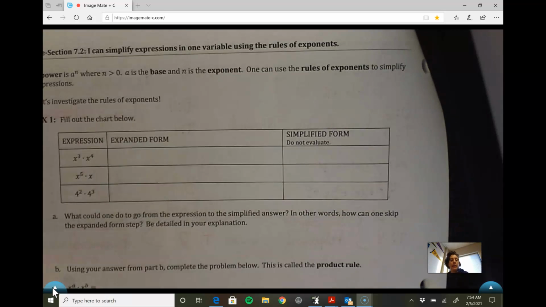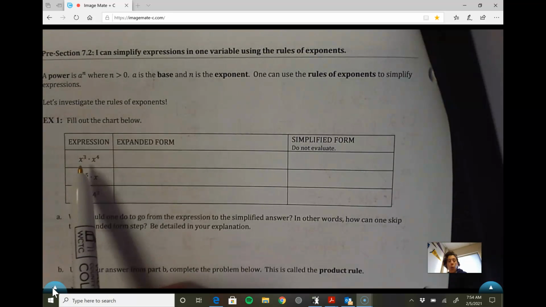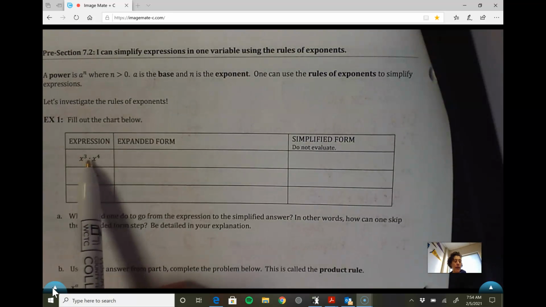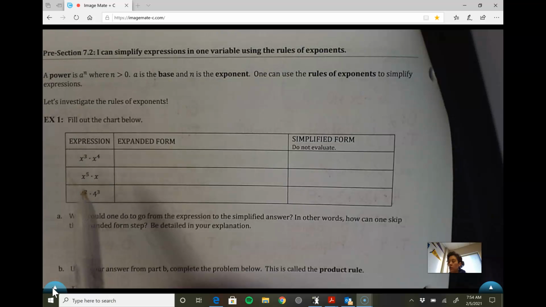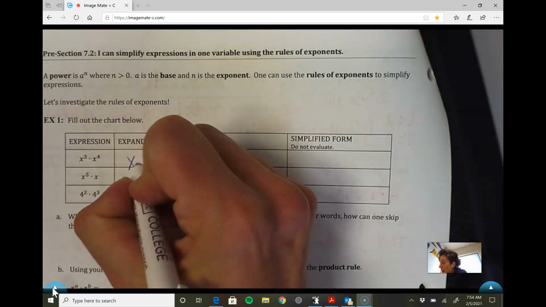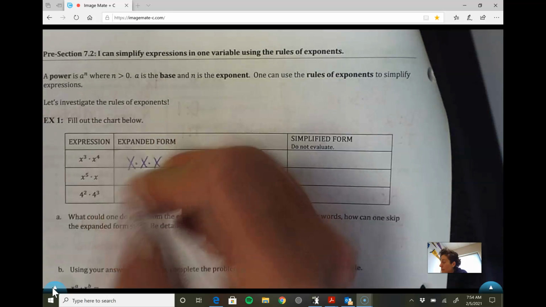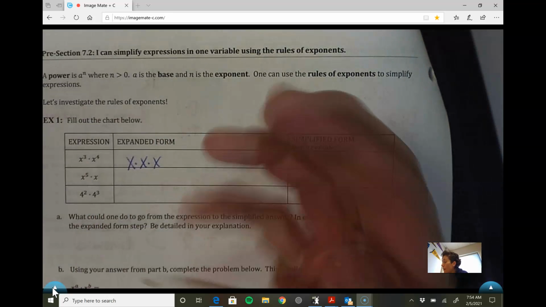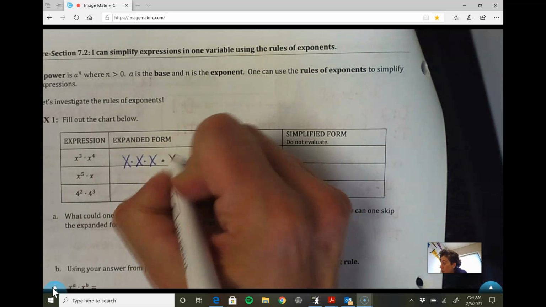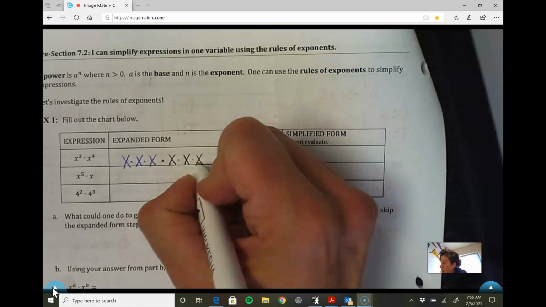So let's take a look at our first example. What happens when I have a common base? Notice my base is x or 4, and then I have my exponent. Remember, x cubed is just a shortcut for multiplying x 3 times, and then x to the 4th is a shortcut for multiplying x 4 times.